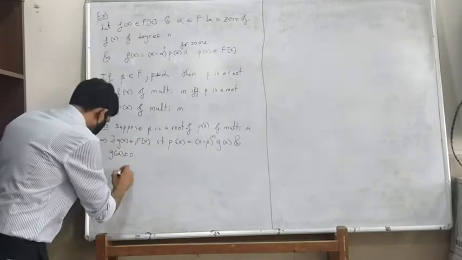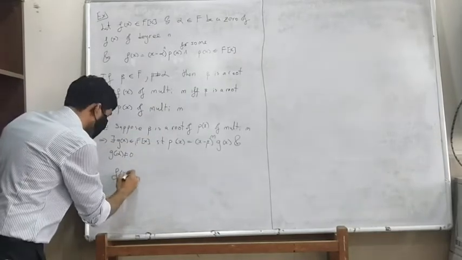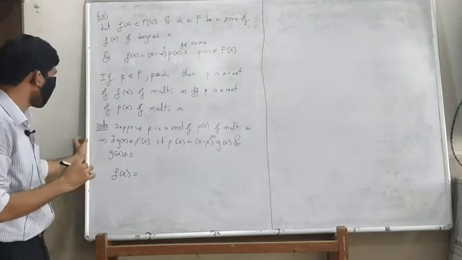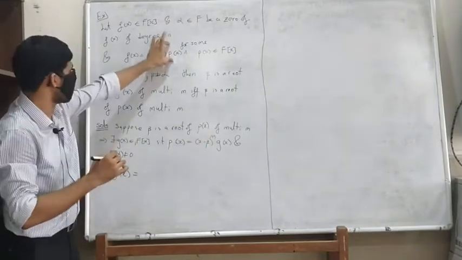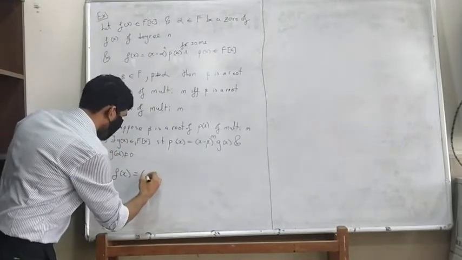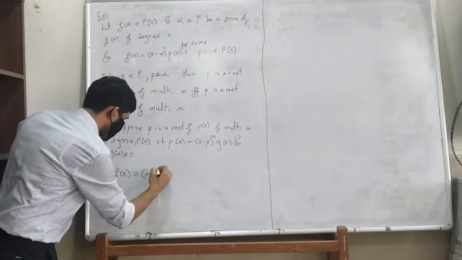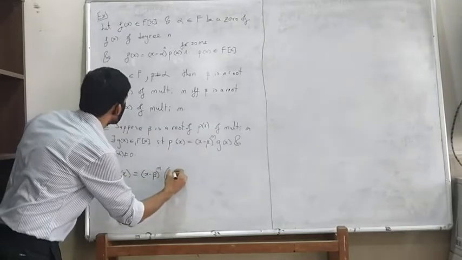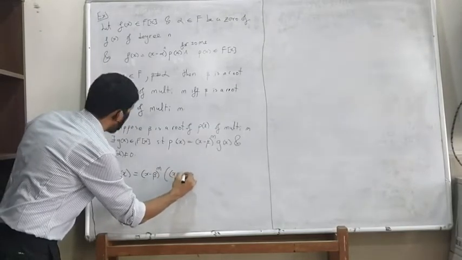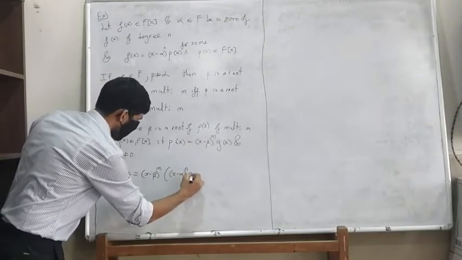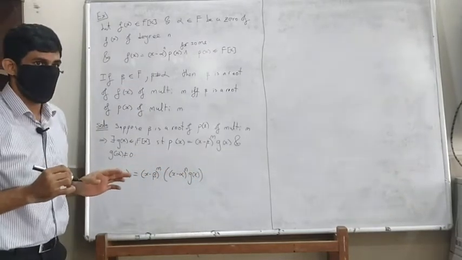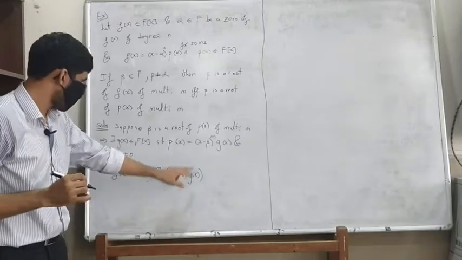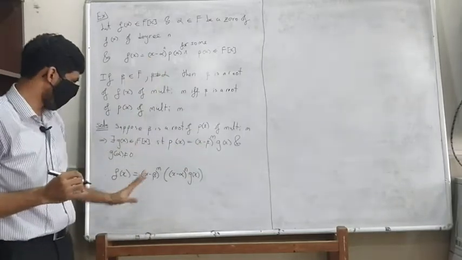So I can substitute this in place of p of x, right, to give me f of x equal to, just substitute this here. What do you get? I can write this as x minus beta raised to m times x minus alpha raised to n times g of x. Is this okay? If I substitute this up here, this is what I get.